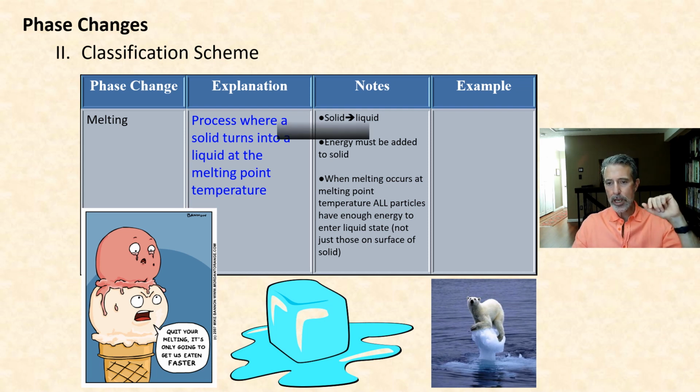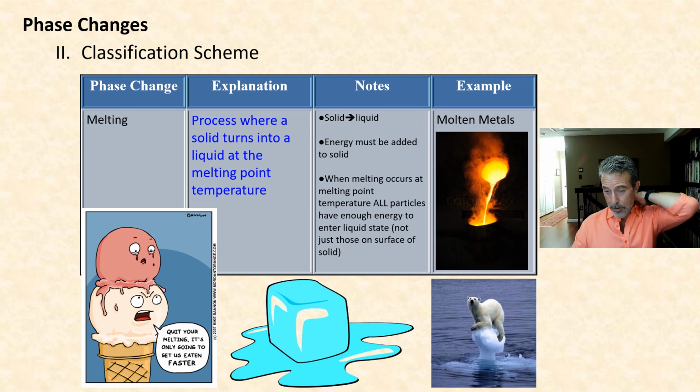In considering an example here, we'll consider the case of the melting of metals. Now, we're very familiar with the melting of water because that happens at a temperature of 0 degrees Celsius, a temperature which we can experience in our freezer, whereas the melting of metals happens at very, very high temperatures, on the order of several hundreds of degrees Celsius.